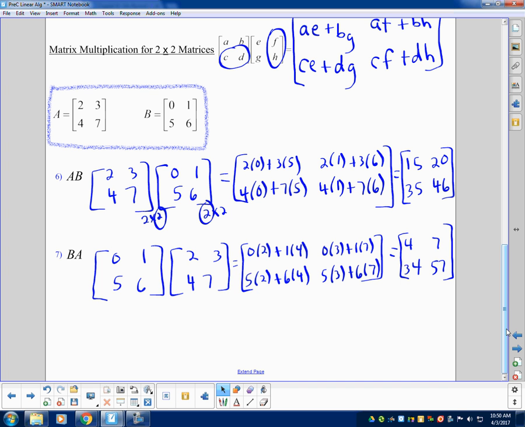A 2 by 2 matrix would be equivalent to having a system of 2 linear equations with 2 unknowns, like an x and a y. As a matter of fact, we'll do that later, but creating a matrix equation out of something like 5x plus 3y equals 10 over 4x minus 2y equals 7. Create a matrix out of that and solve it completely on the calculator using matrix algebra.